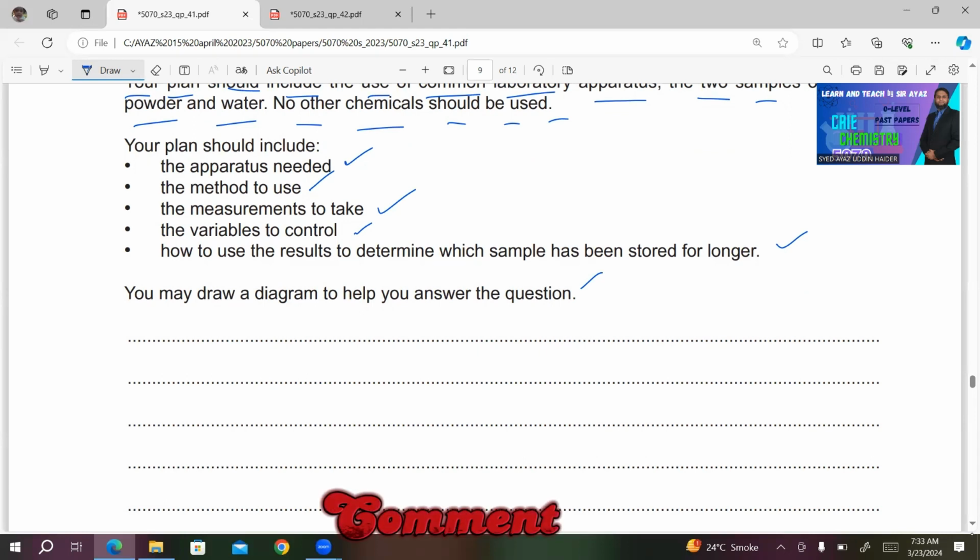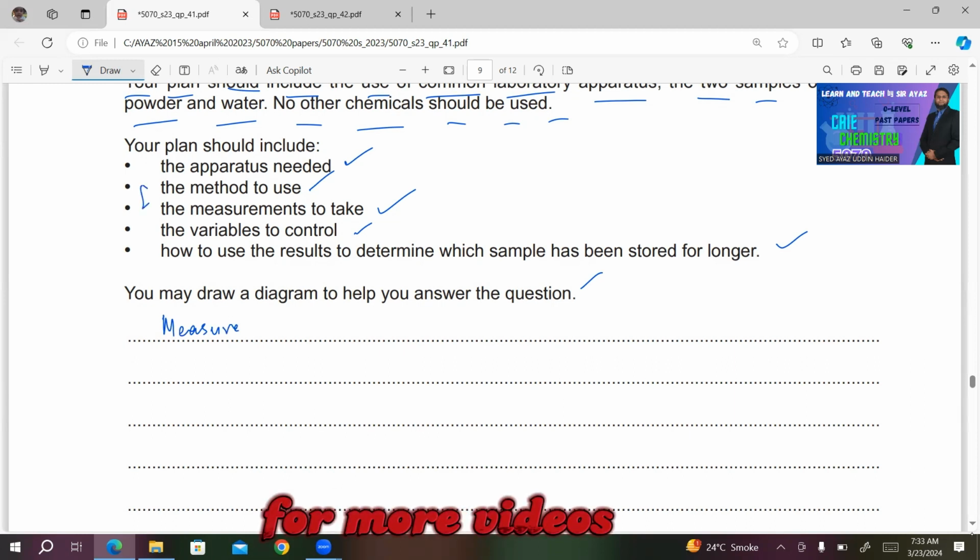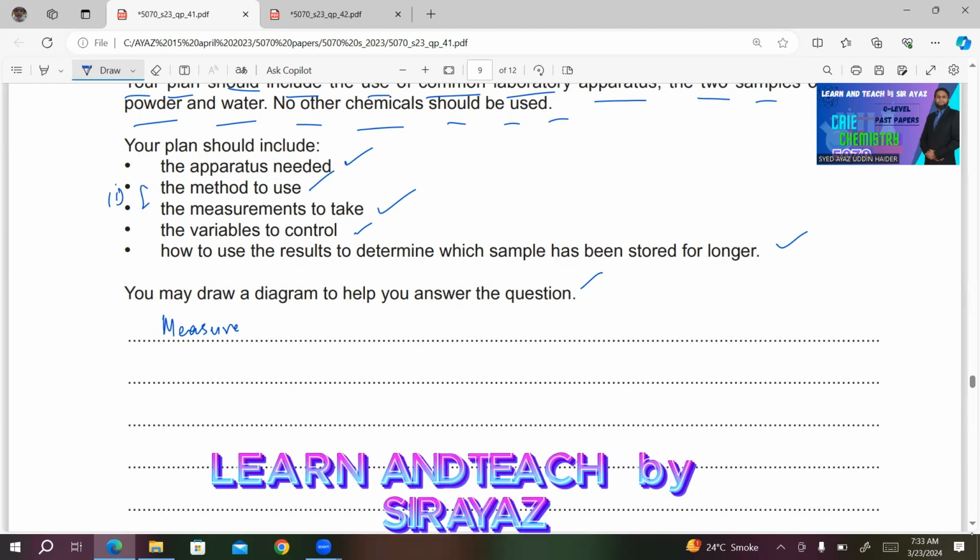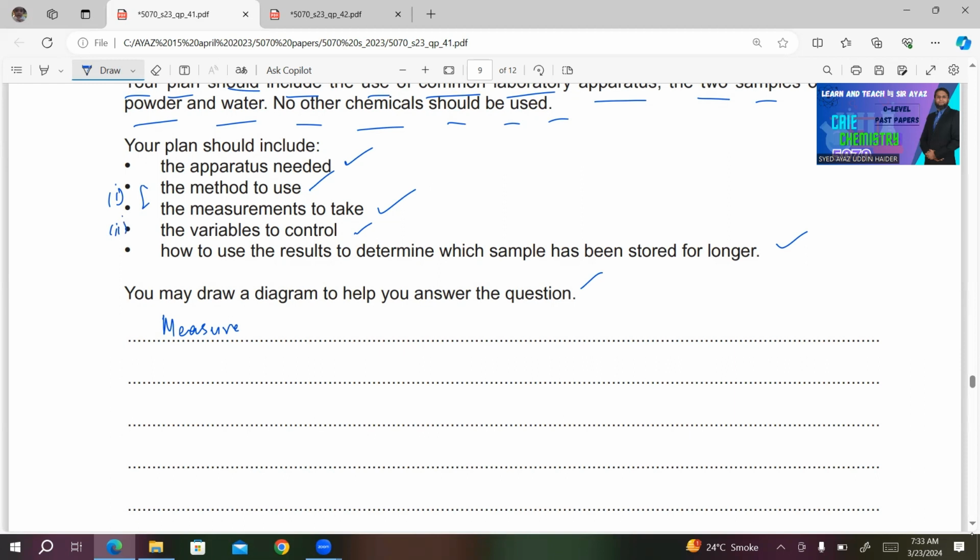So for the method and measurement, you can write measure a mass. Let us write it 1. And for control, I'm writing it 2. And last one, 3.